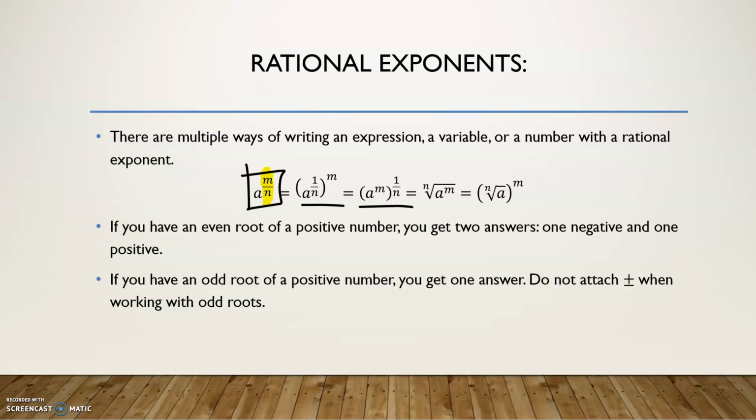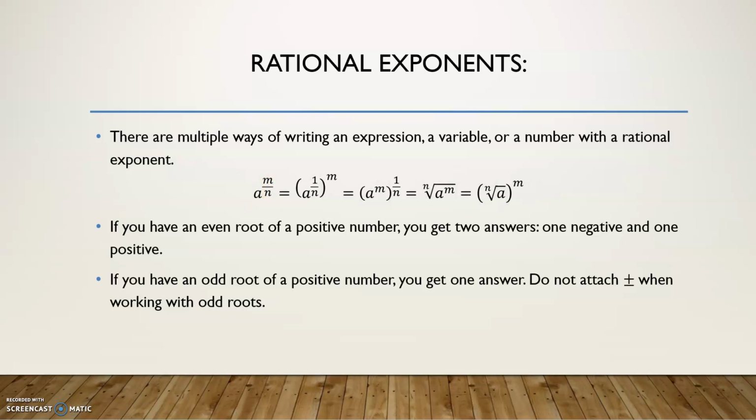What I would use is, I wouldn't use this form right here because you're going to have a very large number. What I would do is use this right here. First, you would take the nth root of whatever number that is, which would make it a smaller number, and then you can raise it to m. Otherwise, you're going to raise that number to m, have a very large number, and then you have to take the nth root of a very large number, which might get a little bit difficult to do.